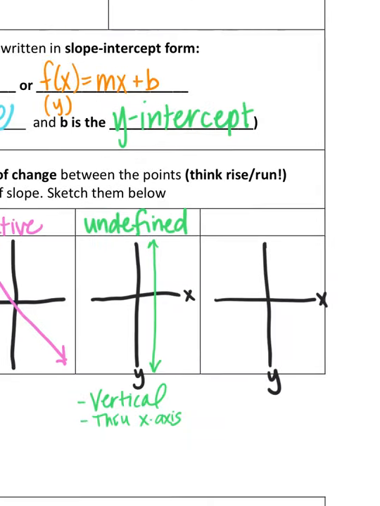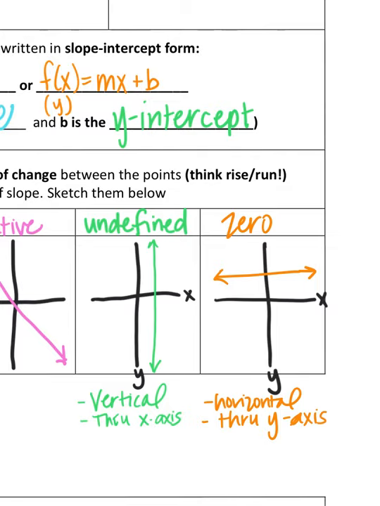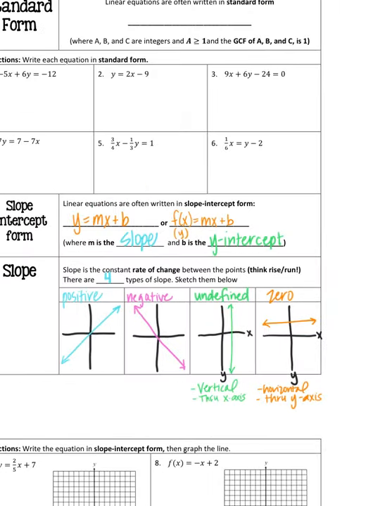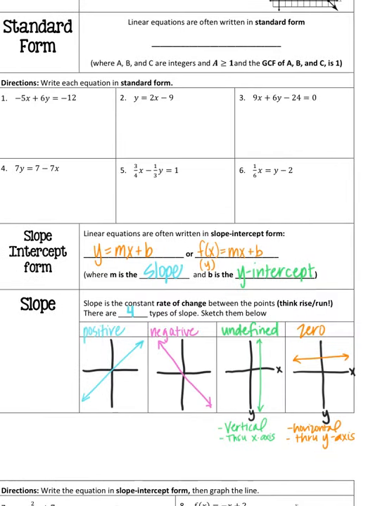I'm sorry about that. And then a zero slope is horizontal, and goes through the y-axis. We're going to talk a little bit more about undefined and zero slope towards the end. Okay, so those are the different types of slope.